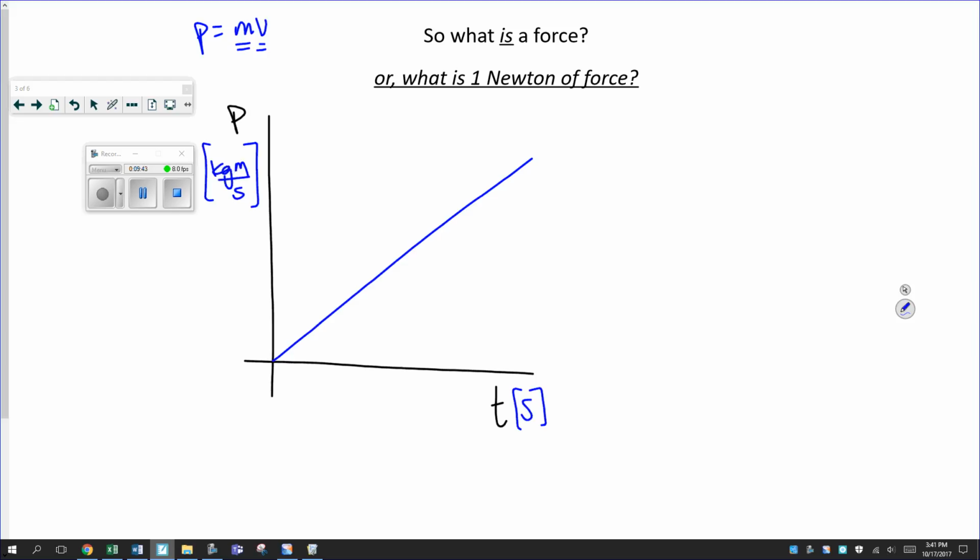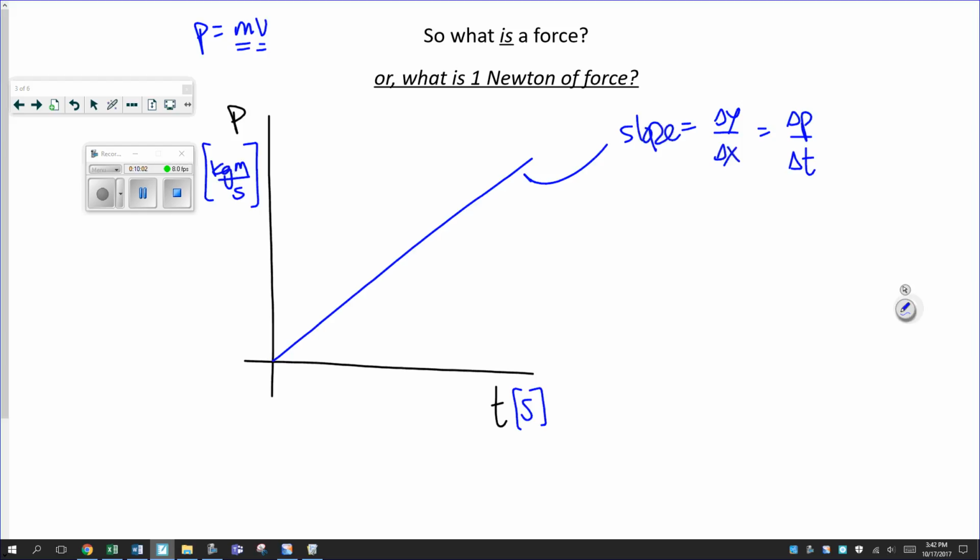The slope of this line, by definition a rise over a run thing, is a delta p over a delta t, or the rate of change of momentum.